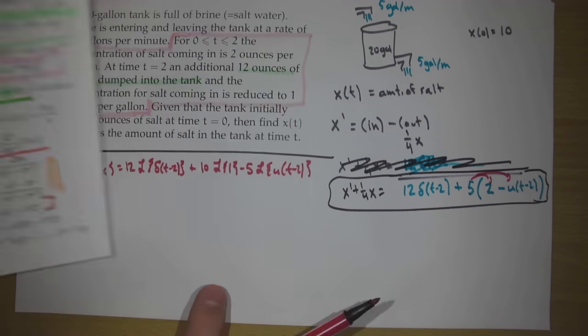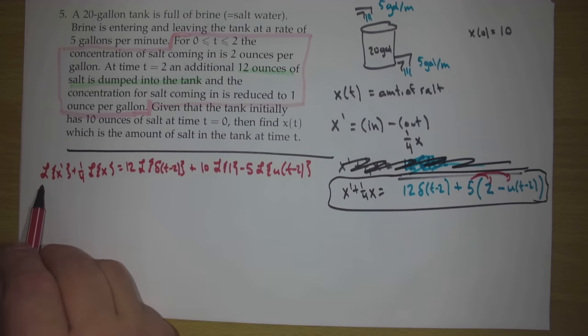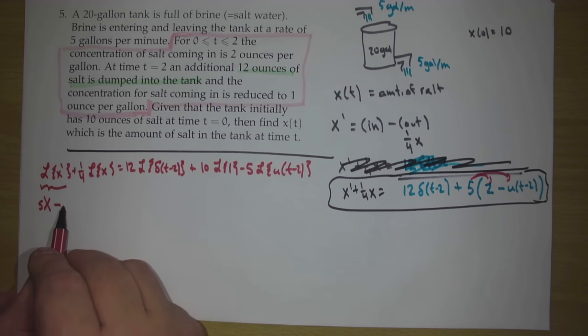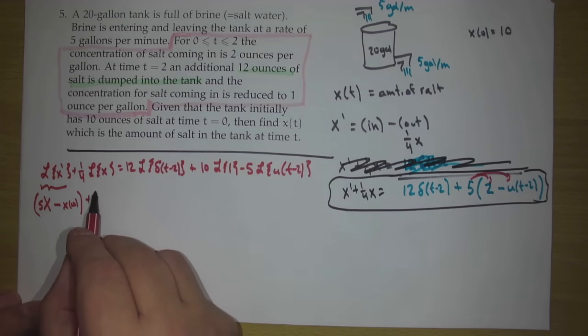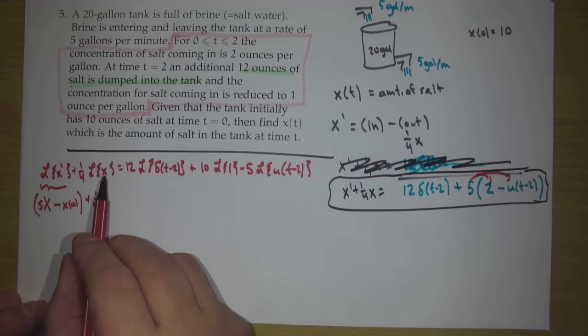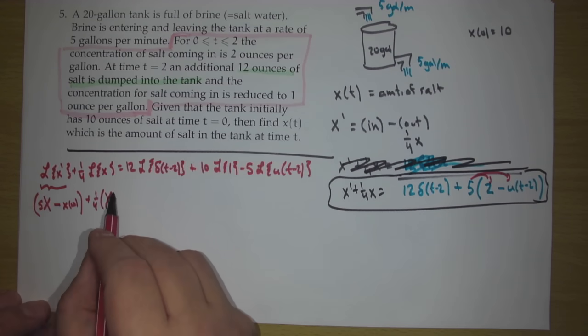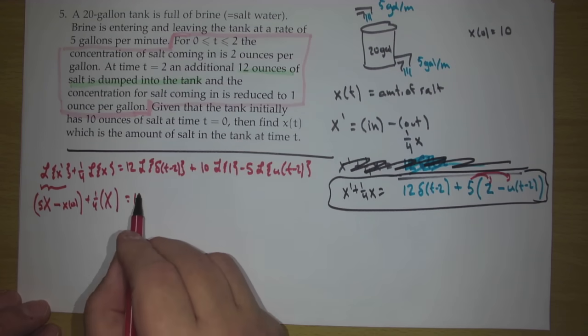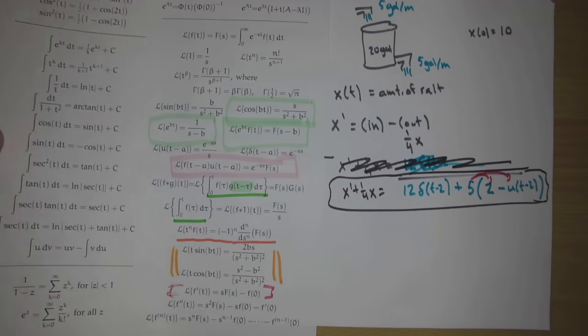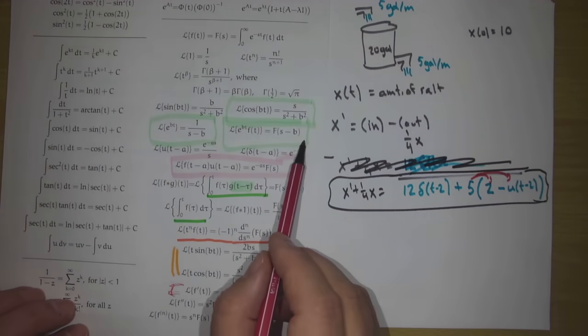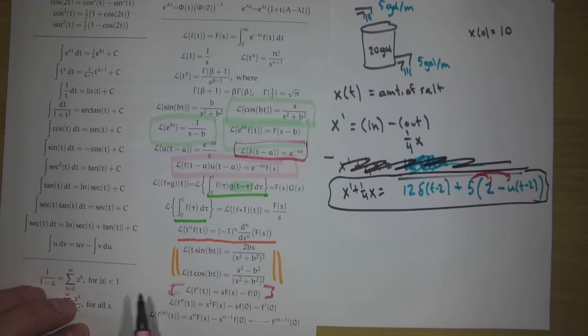So in our case, this first term would become s capital X subtract our x0 plus 1/4, and then we have our capital X. Delta, well, that's on our formula sheet. That's up here, delta t minus a.